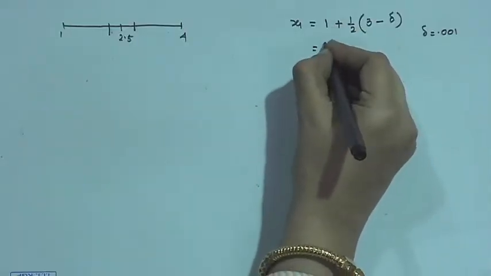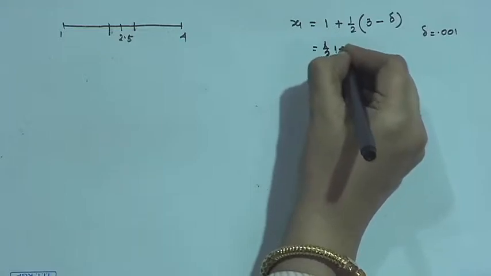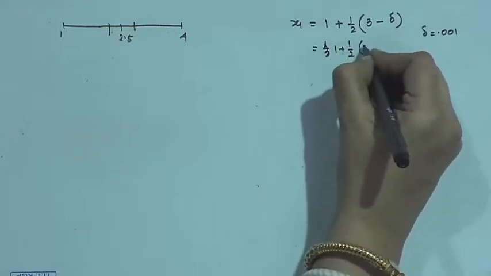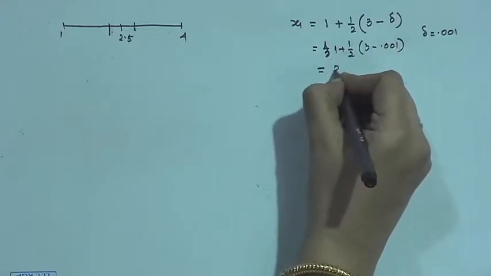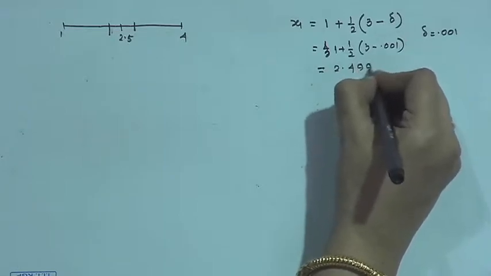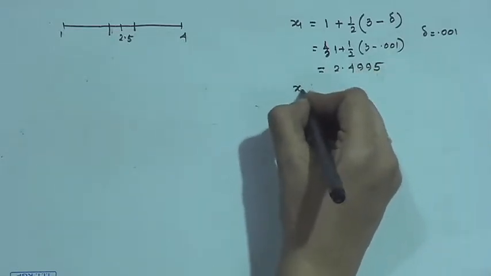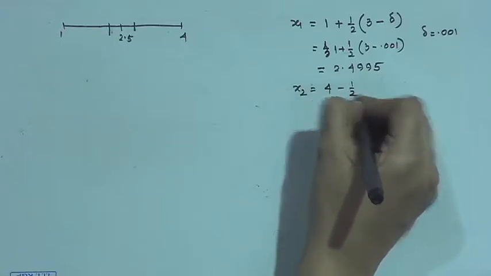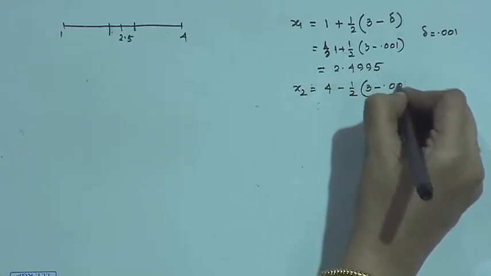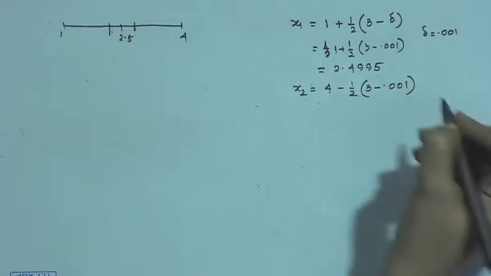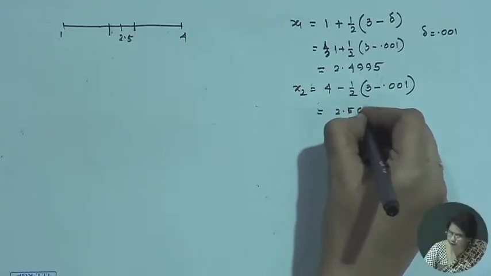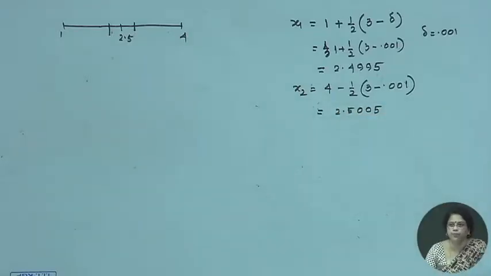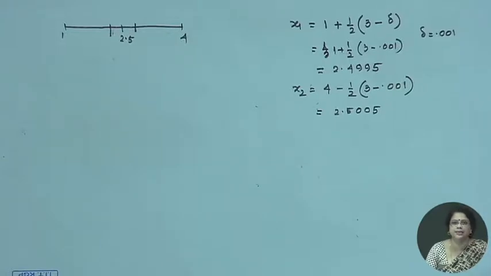If I consider delta equal to 0.001, then x1 would be 1 plus half into 3 minus 0.001, and this value will come as 2.4995, and x2 will be 4 minus half of 3 minus 0.001. Now this value will be equal to 2.5005. If we calculate, you can check that these values are coming.